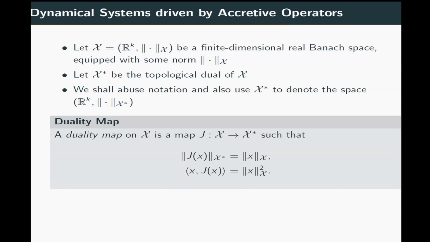So the duality map on X is a map from X to the dual, which is really R^K to R^K in our case, such that the dual norm is equal to the same norm. So it's norm preserving. Okay, and also this inner product, this duality map, gives you the norm squared.